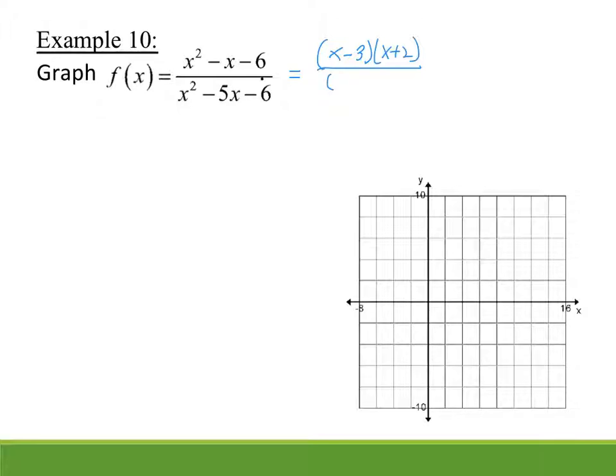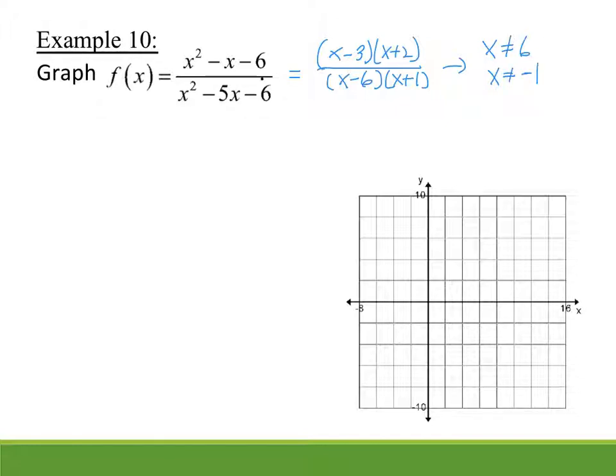On the bottom, we have x minus 6 times x plus 1. So this means that x cannot equal 6 and x cannot equal minus 1.